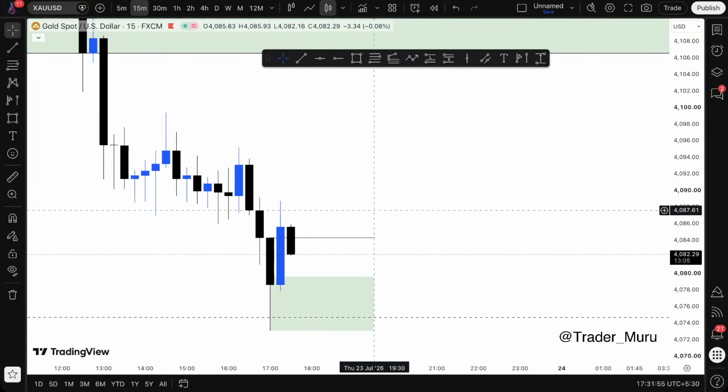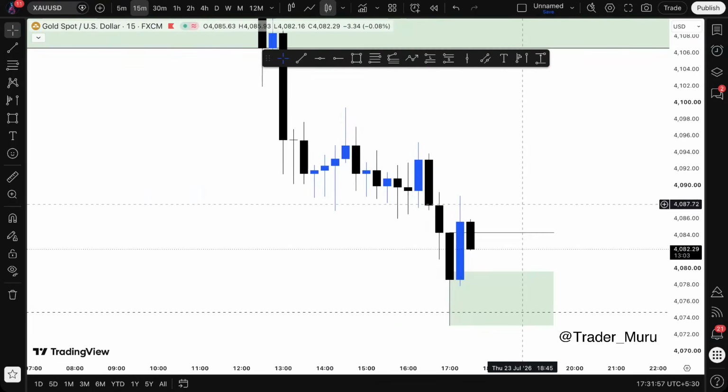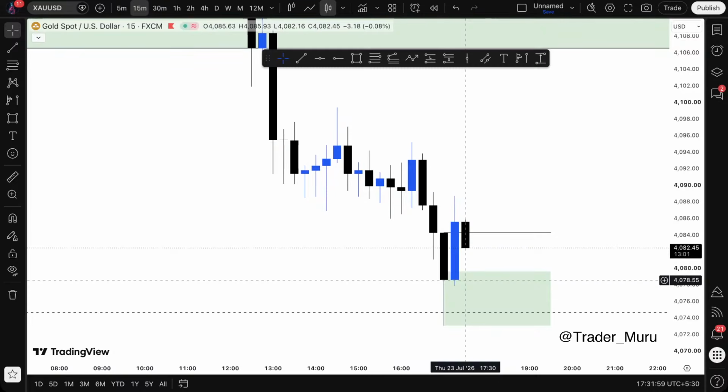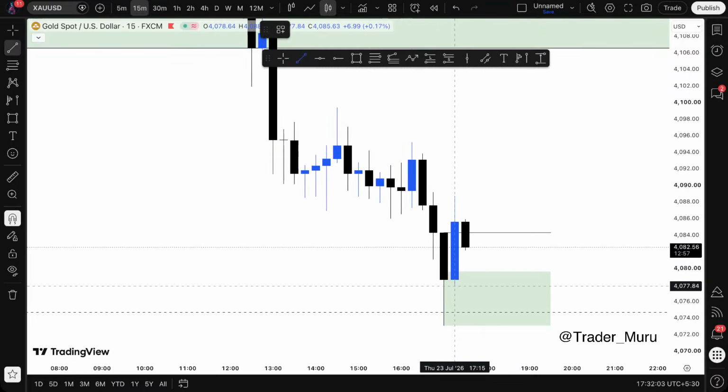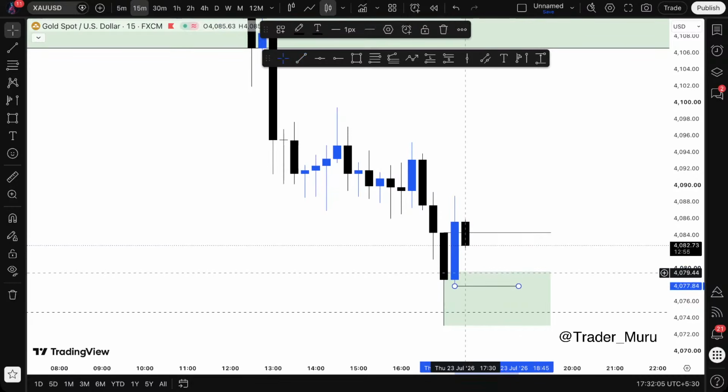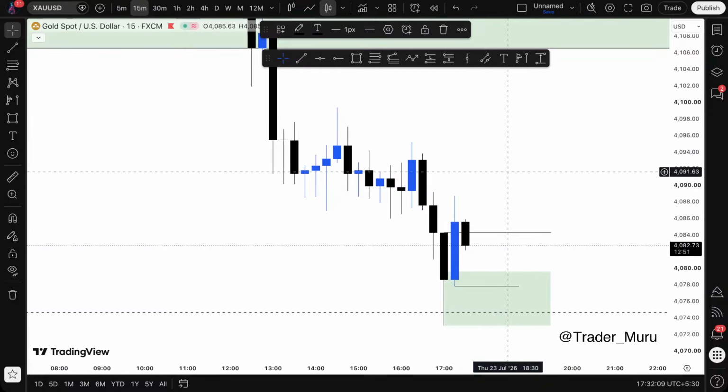We have breakouts. So on the next candle, we look for the retest candle. If the retest candle does not close below this testing candle here, then it will be bullish.